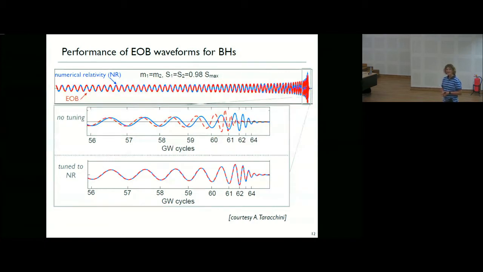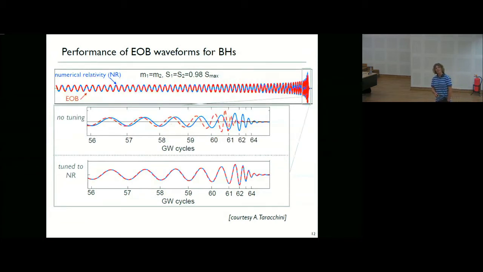So the idea is then to add a few functions with undetermined parameters to the model and fit the coefficients to numerical relativity data to improve the model. And the hope is you can just fix the coefficients with a few waveforms, then you can use the model over a wide range of parameters and you still get good agreement. That's the hope.